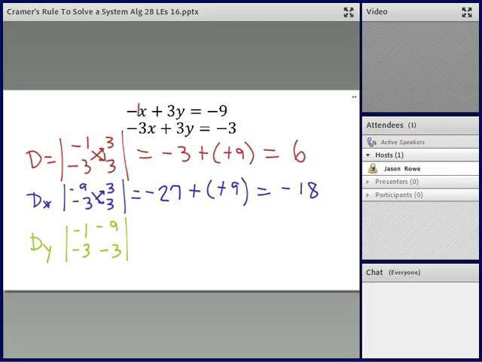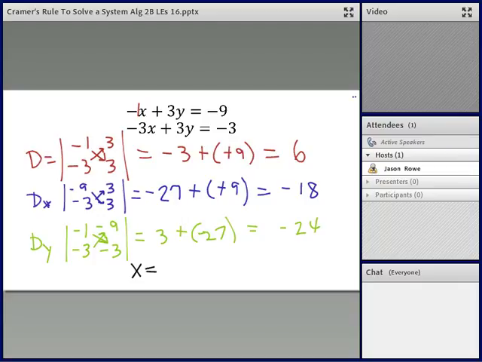Find the y. And so we've got down, -3 times -1 is +3, minus up, -3 times -9 is +27. Using our rules for subtraction, that's going to give me -24. And so now I'm going to find my x and my y.